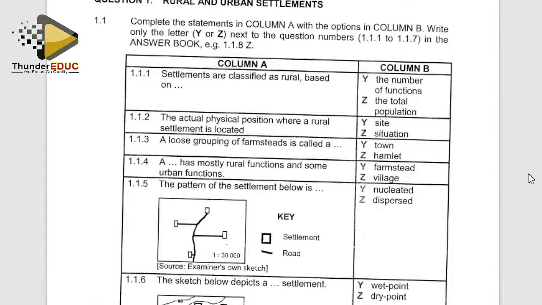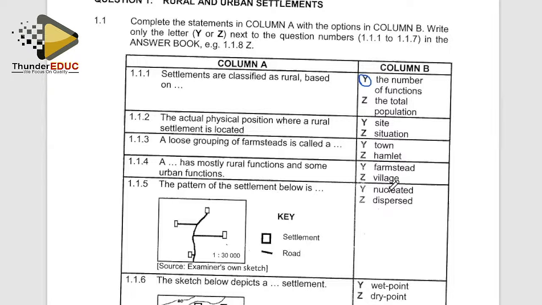The main geographical reasoning that we use for the classification of the settlement is the number of functions. So for us to classify a settlement as rural, we check the number of functions provided by that particular settlement. We understand that the functions are fewer for a rural settlement and mainly the functions are primary, while we have many functions for urban settlements.